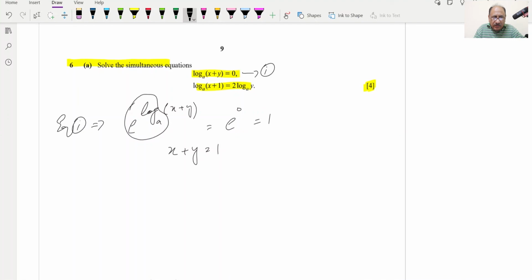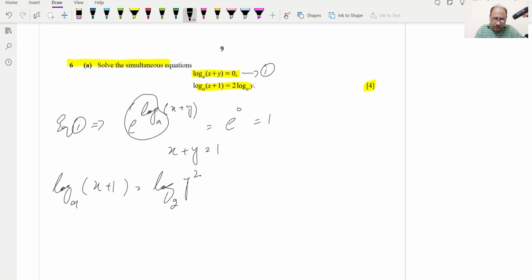Similarly, we can solve the second equation also. If we rewrite the second equation, it will be x plus 1 equal to, first we can take log with base a, and x plus 1 is equal to, we can rewrite it with the 2 as a power of y squared.